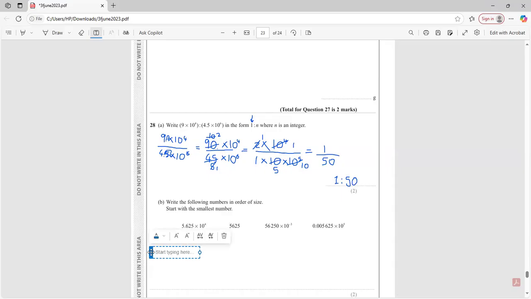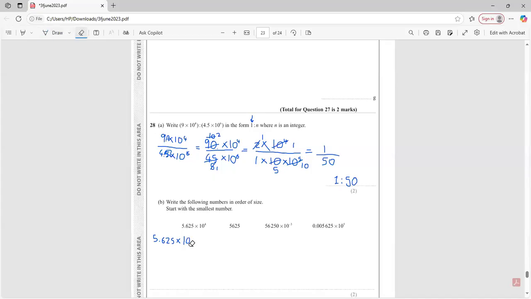Okay, I think I'm fine with this now. 5.625 times, I got stuck. I have to go back to that because of the power. So 5.625, I just realized that I have to put the power back there, times 10 raised to power 4.